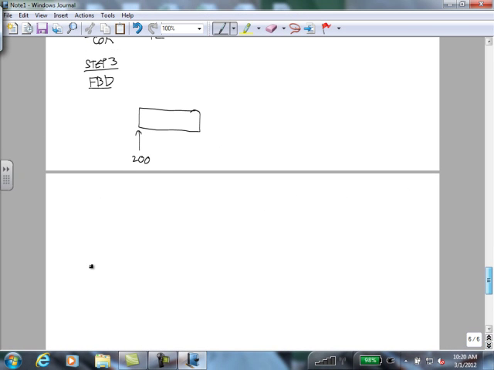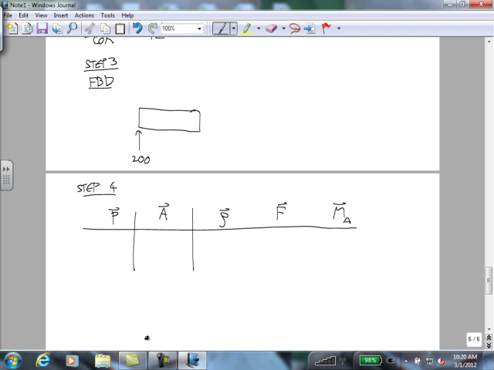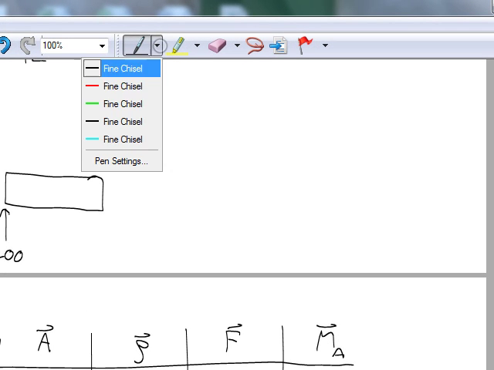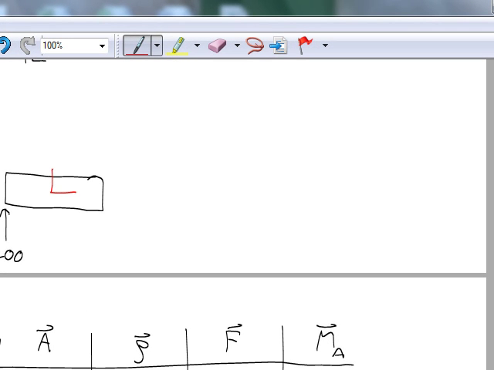Step 4, moments: r cross F. So if the coordinate system is here at the center, we can move this force up there to make it a little simpler.